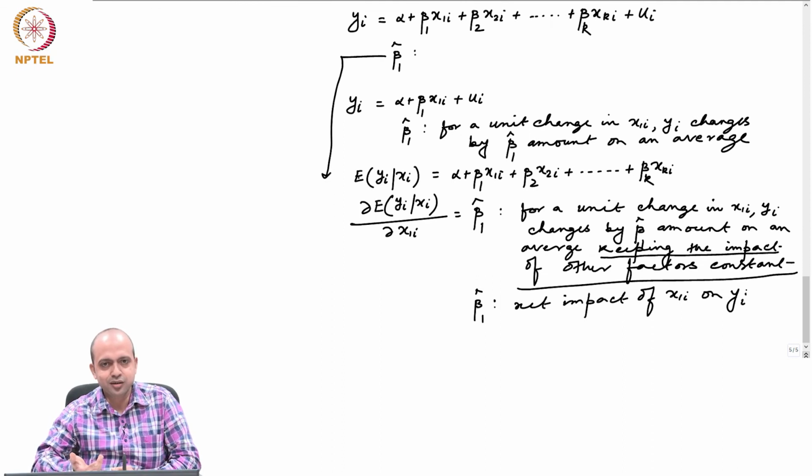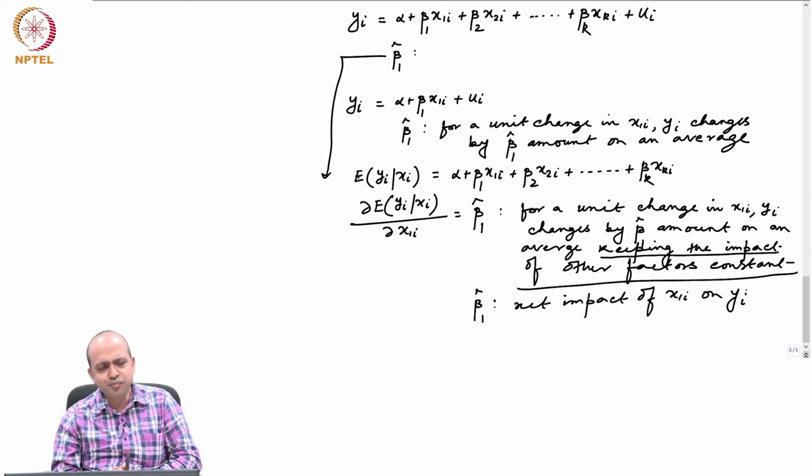Whatever impact x1i will give you on yi, that you are getting directly by beta 1 hat. But here we need to keep the impact of other factors constant, otherwise we will not be able to get the net impact of x1i on yi.